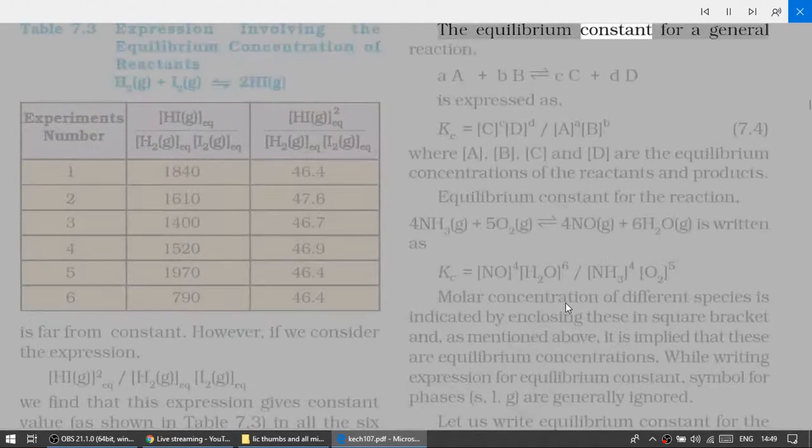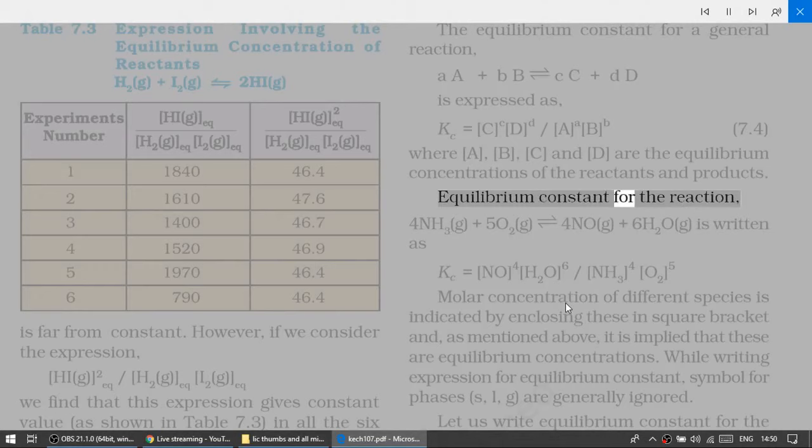The equilibrium constant for a general reaction aA + bB ⇌ cC + dD is expressed as Kc = [C]^c[D]^d/[A]^a[B]^b (7.4), where [A], [B], [C] and [D] are the equilibrium concentrations of the reactants and products.